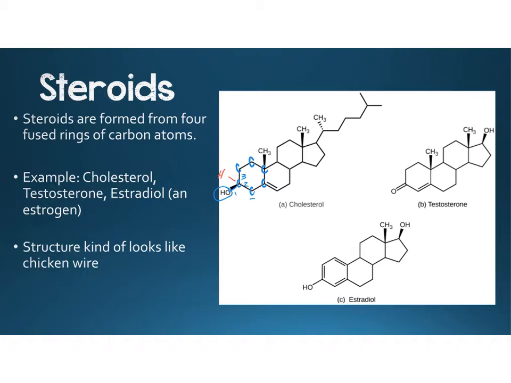So when you look at this structure, again, anytime lines meet or form a point, there's carbons there. Here you can see there's a double bond in this structure, and you can mentally fill in all of these carbons along here. And then anytime you see a carbon, count how many bonds are around it, and however many bonds you don't see, that's how many hydrogens are surrounding that carbon as well.